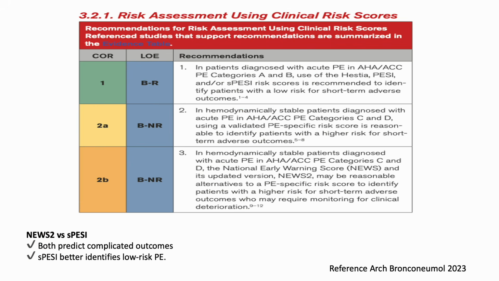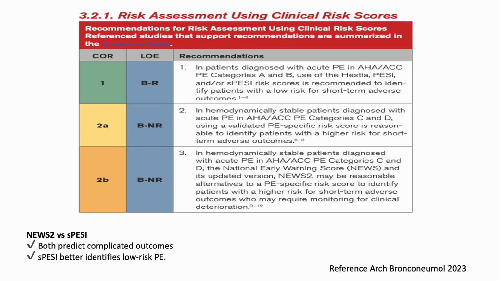Now, coming to further decision making, the role of the clinical risk scores has already been discussed in the first episode. But you need to remember that the recommendations categorically say that for patients who are diagnosed with acute PE in category A and B, you can use the Hestia, PESI, or simplified PESI score.